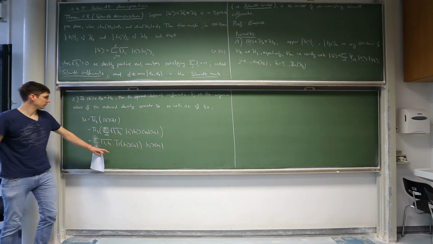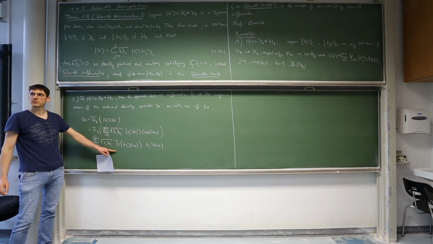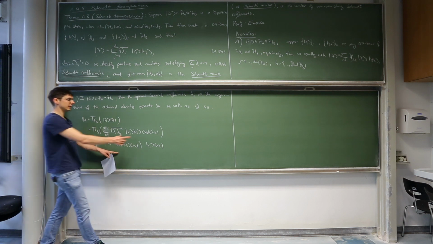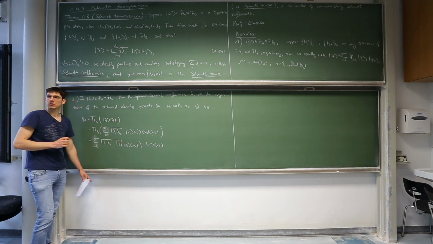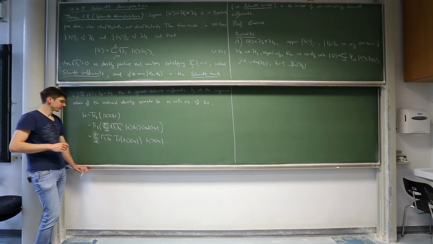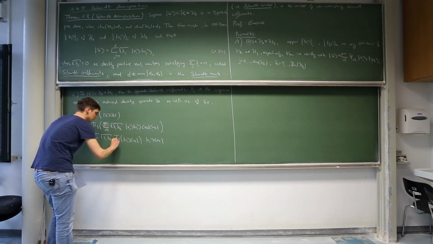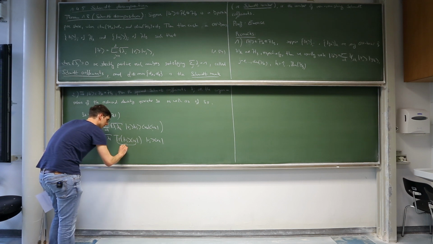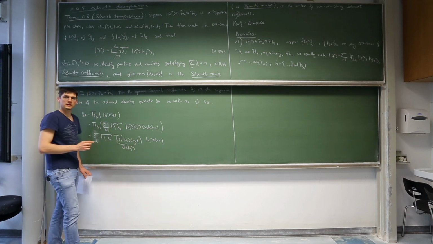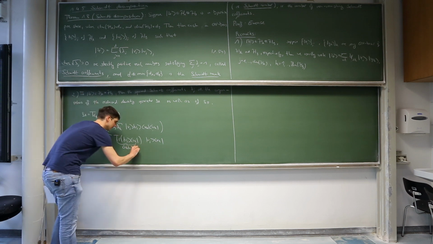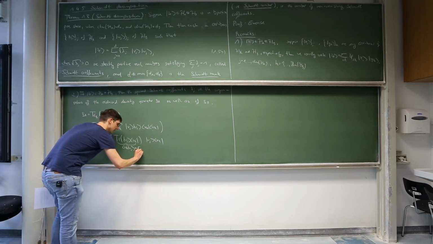If you remember, this is how we perform the partial trace. It means we are tracing only over the second component of our composite system. So this trace gives me something like wk wj, and since these w's form an ON basis, it's nothing else but delta jk.